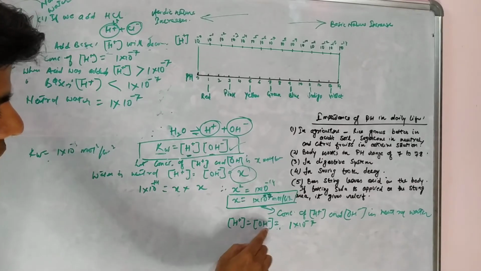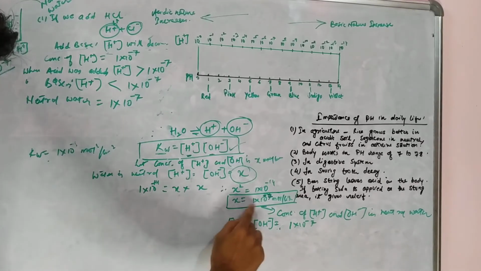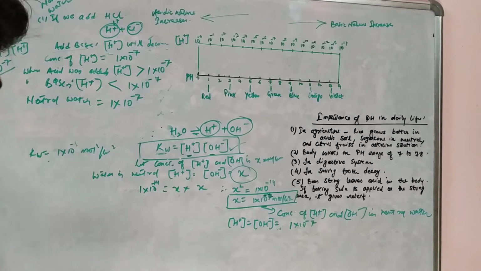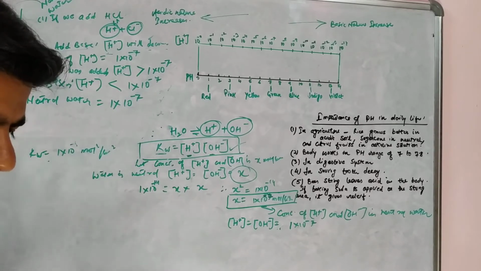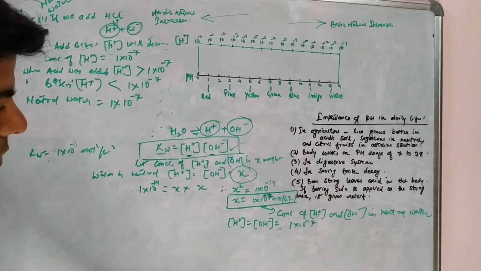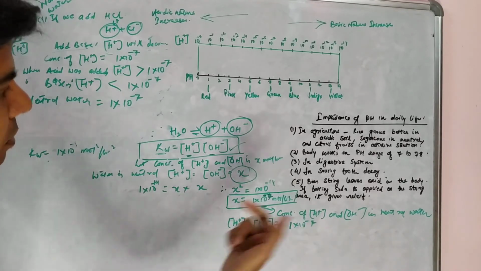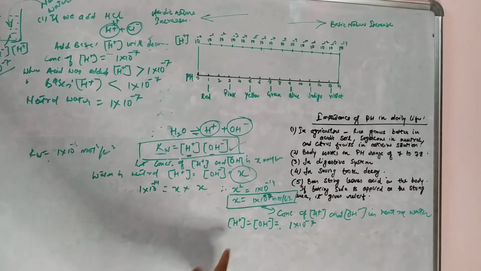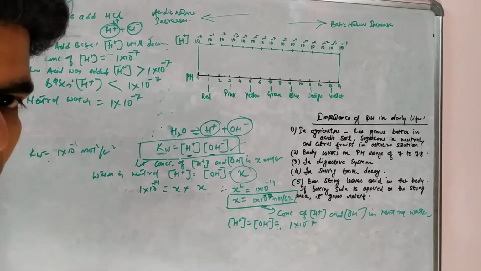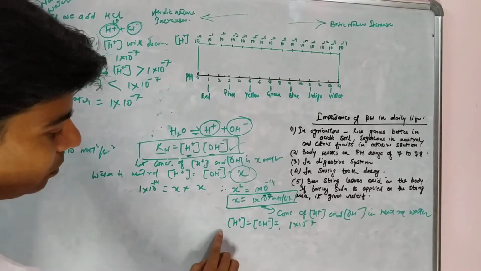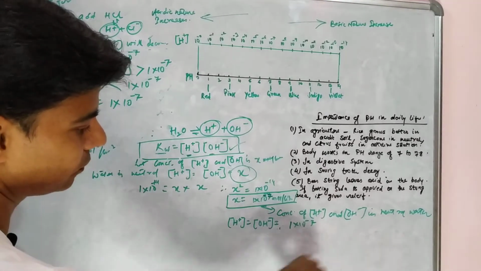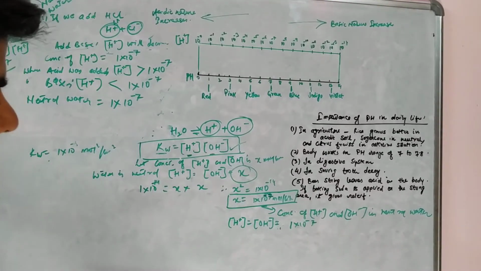On calculation we got the value of x to be 1 into 10 to the power of minus 7, and we know that in neutral water the concentration of both hydrogen and hydroxyl ions would be the same. So in a neutral solution, water, hydrogen and hydroxyl ion concentration was 1 into 10 to the power of minus 7, right?